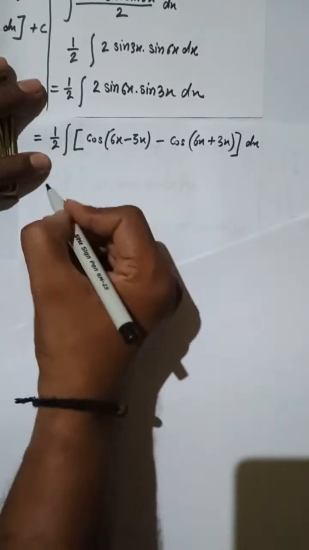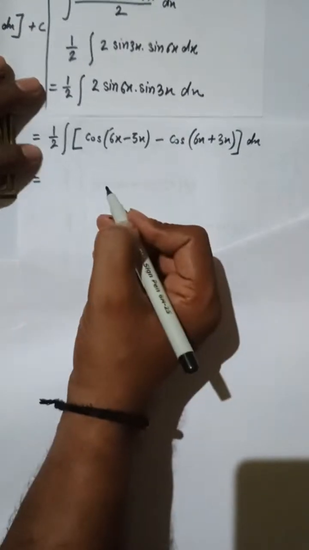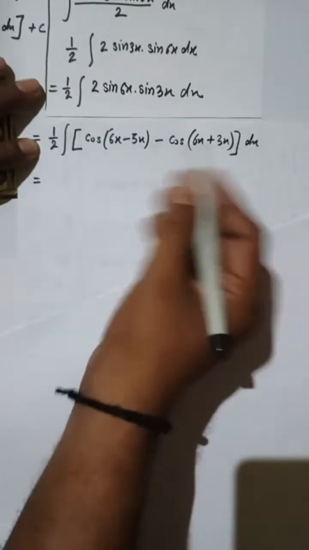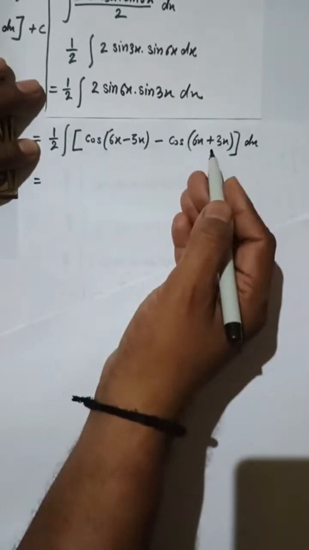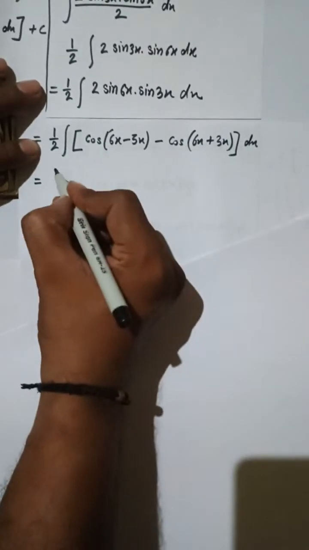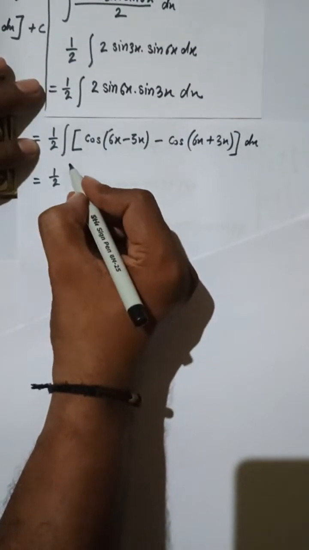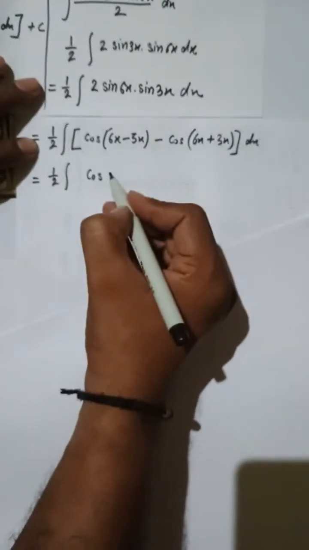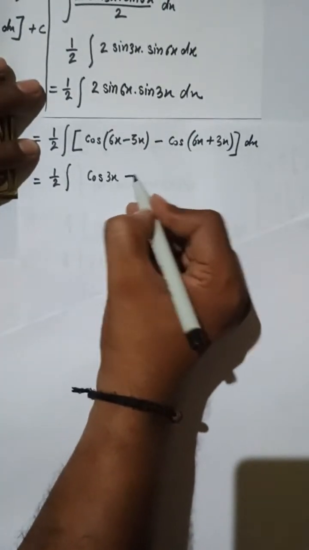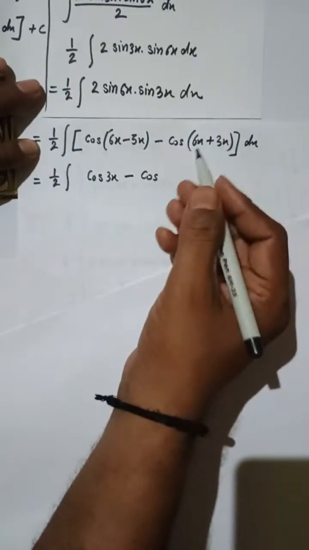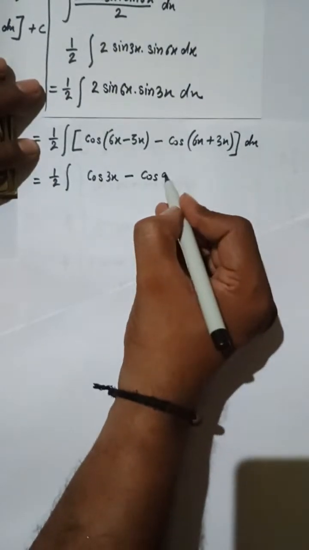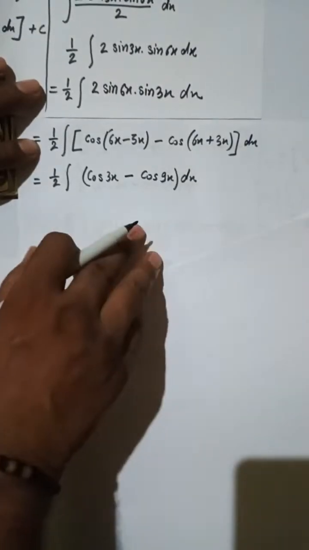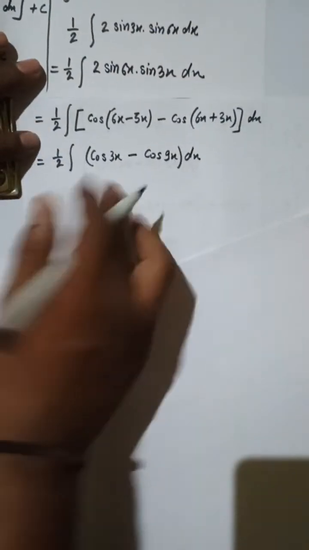Now for the next step. This is subtracting and this one is addition, so I'm going to subtract it and add this one. In the next step, 1 by 2 integration of cos 6x minus 3x, which is 3x, negative cos 6x plus 3x, which is 9x. Clear?